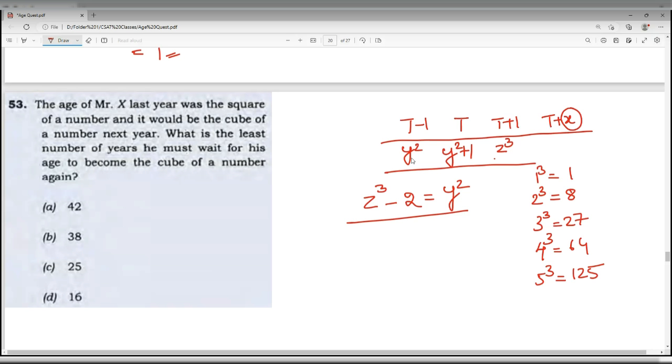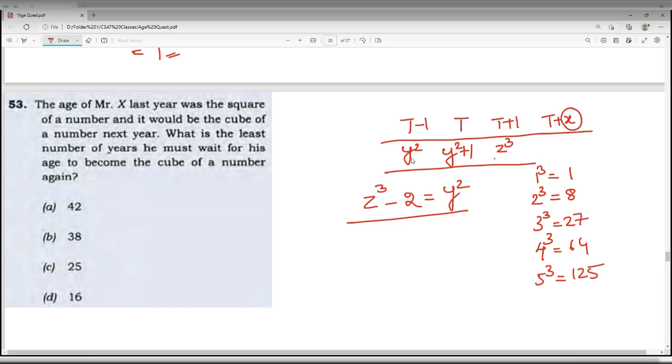If z cube is 1 cube, then 1 minus 2 is minus 1. That is not a square. And 2 cube, 8 minus 2 is 6. 6 is not a square number. 3 cube, that is 27, minus 2 is equal to 25.